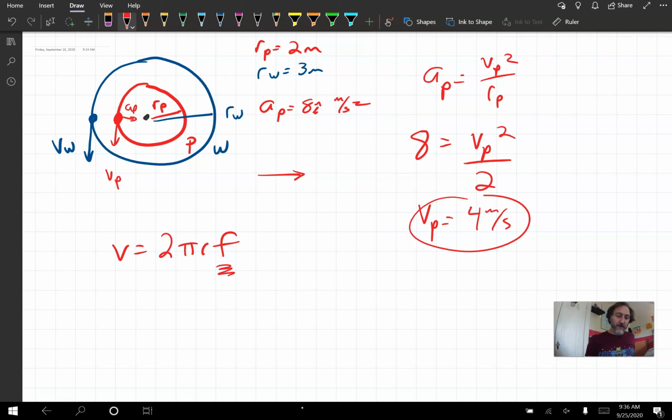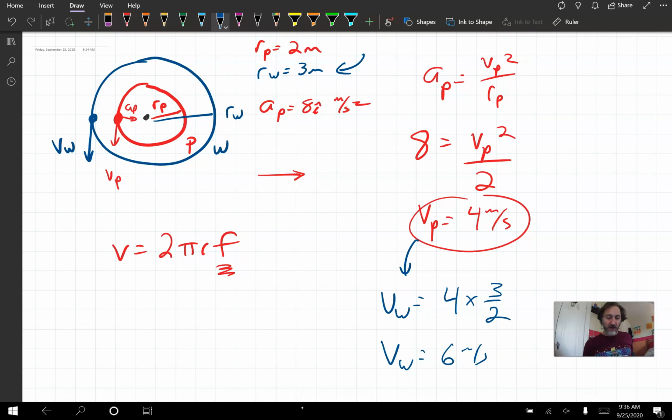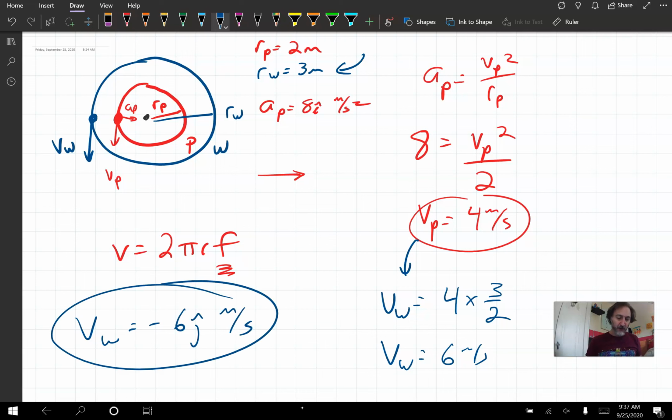Since the wallet's radius is 1.5 times as big as the purse's, the velocity of the wallet is going to be 1.5 times as big. So the velocity of the wallet is 4 times 3 halves, which is 6 meters per second, in the negative j direction. The velocity of the wallet is negative 6j meters per second, and there's our answer.